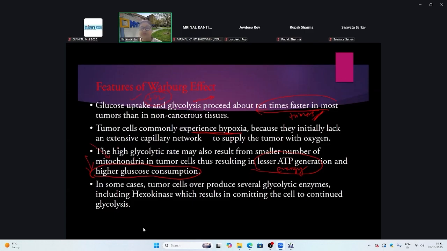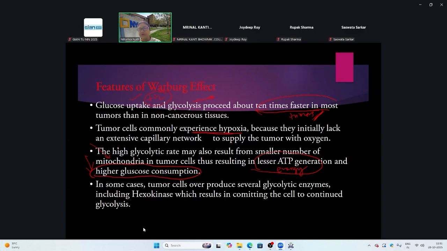It's less because they're not being used. The mitochondria are only used when there's oxygen, but if the cell is not going to take the oxygen, then there's not much need. So less mitochondria. These tumors are hijacking the internal system, and they are utilizing it for their own purpose.